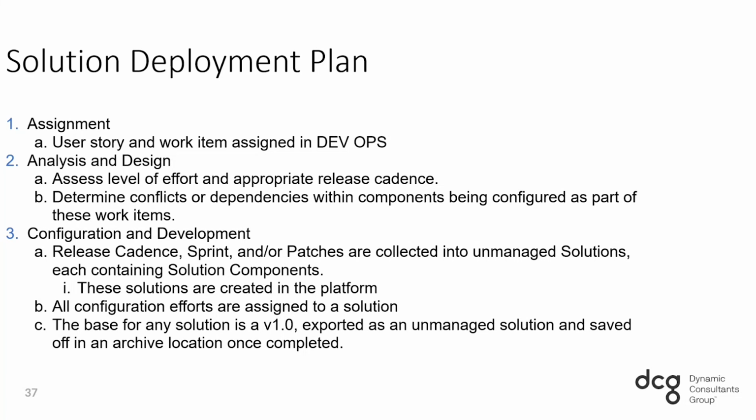Determines conflicts and dependencies within components being configured as part of this work item. So that means they would need to know, hey, you're working on the contact job title field. You need to know that job title field is dependent on these other fields or has requirements around it, right?